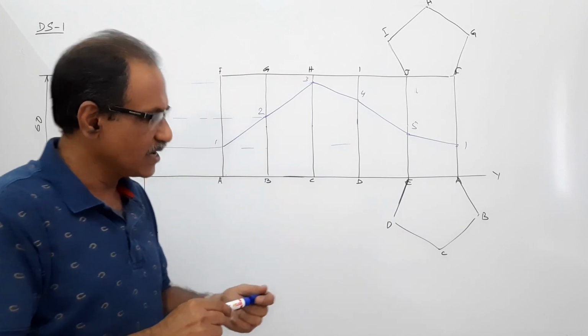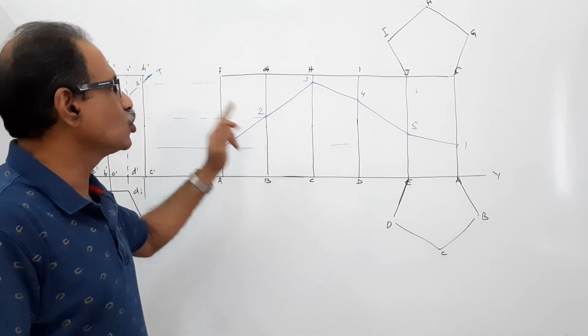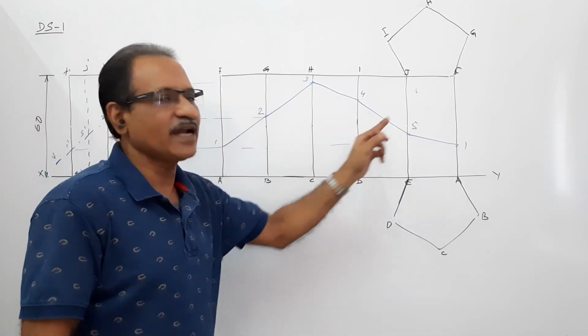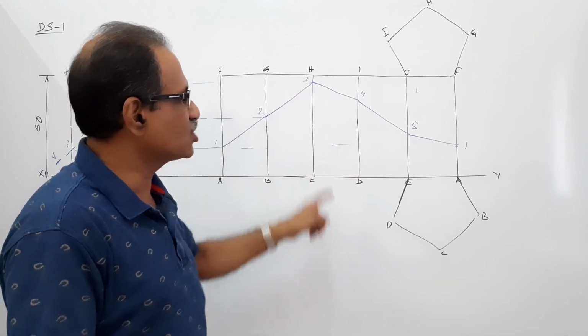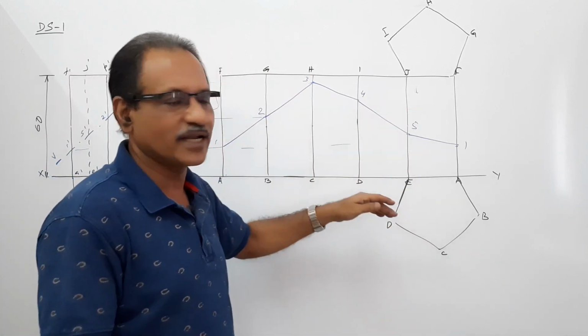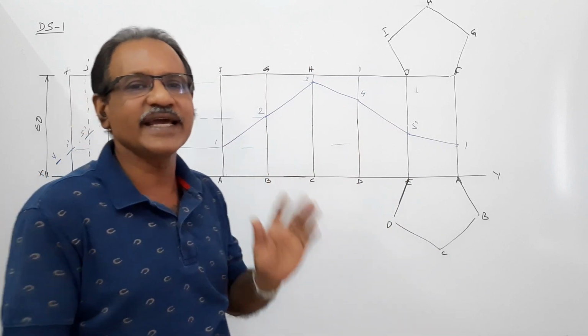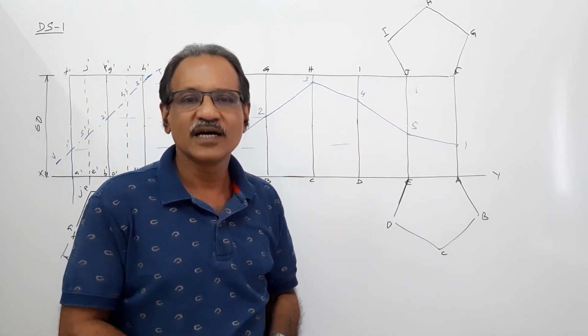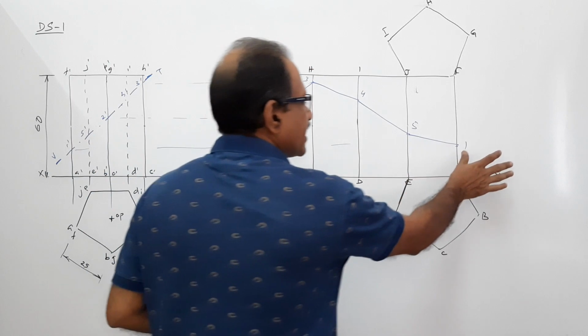Individual straight lines connecting 1 to 2, 2 to 3, 3 to 4, 4 to 5 and 5 to 1. You can darken these lines below the cutting plane, keeping the top light indicating that the top part is removed. Okay. This is the second cutting plane.